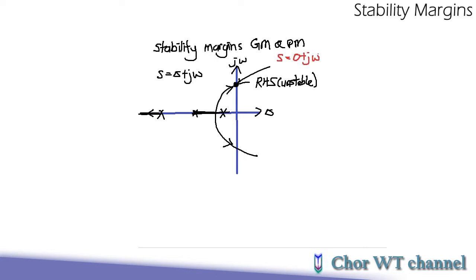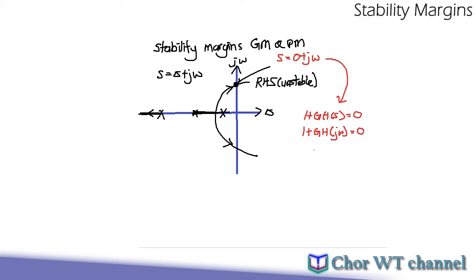plus j omega. The root locus is all the closed loop poles of the system, which derive from 1 plus G H of s equals 0. By setting the real part equal to 0, we will then have 1 plus G H of j omega equals 0.